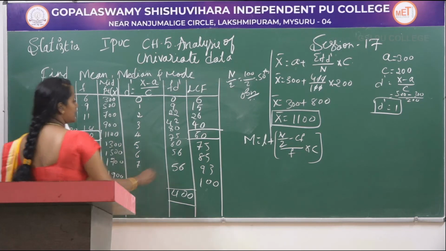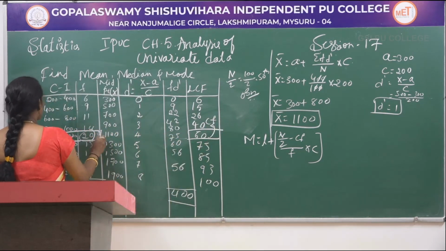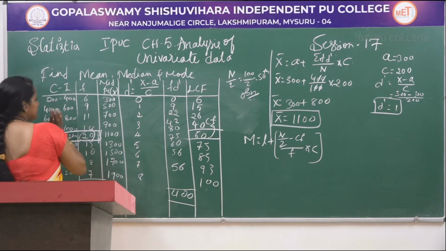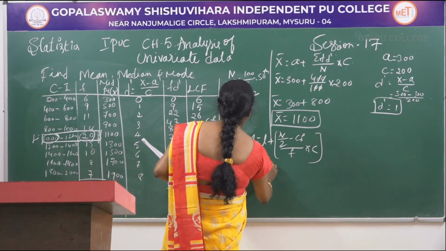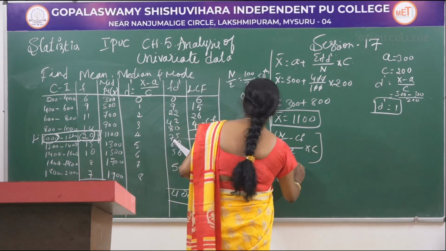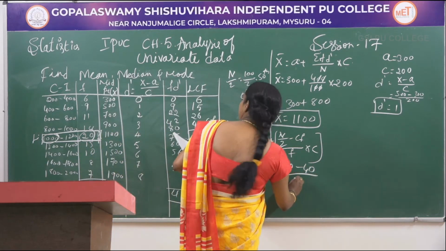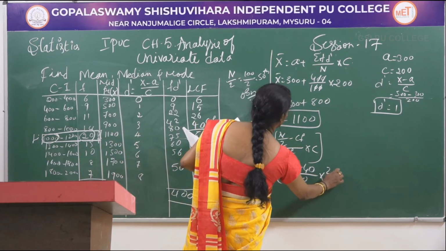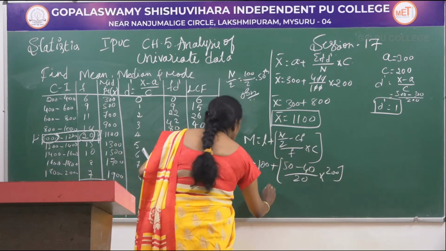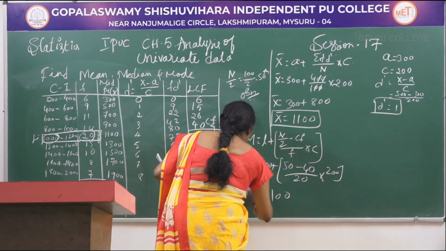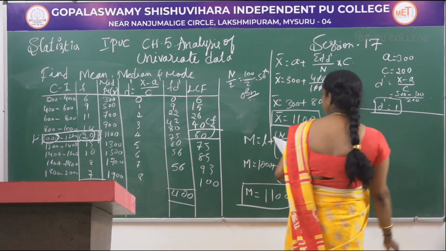Okay, 1000 to 1200, and this is your CF, and the frequency is this, the lower limit is 1000, this is n. Substitute the values, so that median is equal to 1000 plus n by 2, which is 50, minus CF, which will be the previous one in LCF, that is 40, divided by f equal to 20, and c is equal to 200. After simplification, the median value is equal to 1100 again. After simplification, the median value will be this one.